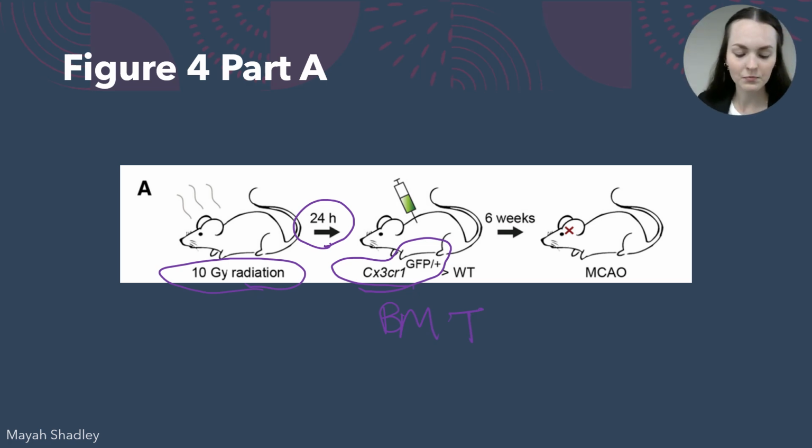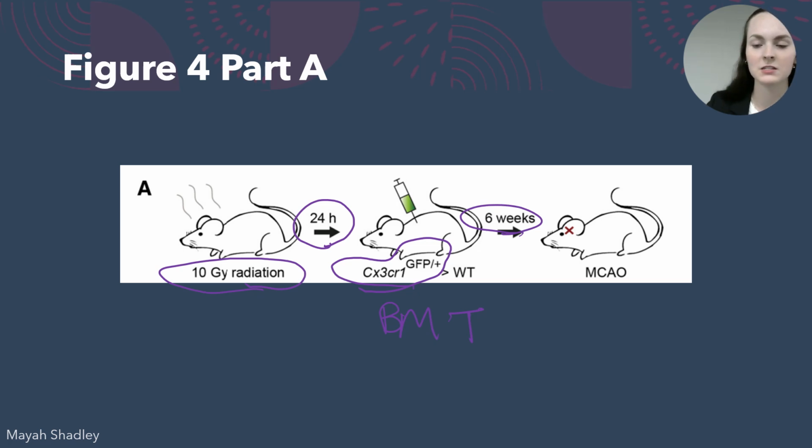And so this allows the researchers to notice these cells once they are in the mouse's system. And this has to happen over a 6-week period in order for the bone marrow cells to establish and for the monocytes and macrophages to be replaced from the original cells.